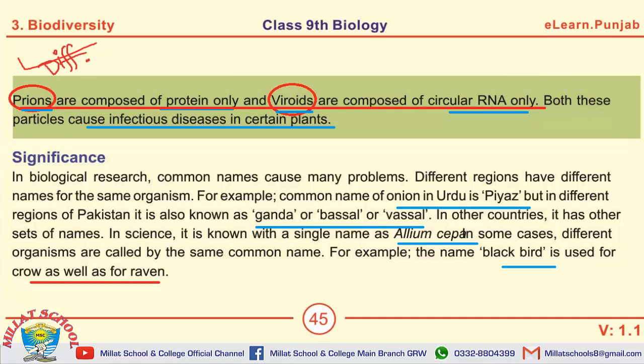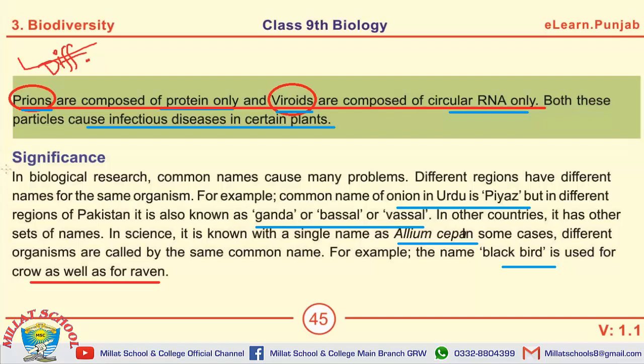In significance, the first question that is asked, that is of course a long question: discuss the significance of binomial nomenclature. The short question may be: write some points to show that scientific names are important.